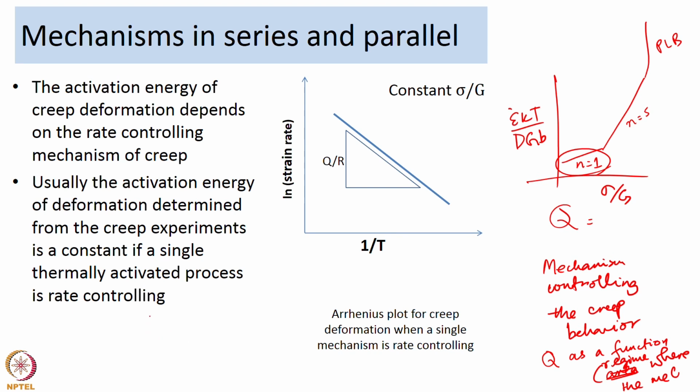As an example, let us say you have epsilon dot versus sigma by E, and a certain stress range where only one mechanism, say mechanism 1, is operating, and then another stress range where both mechanism 1 plus mechanism 2 are operating.